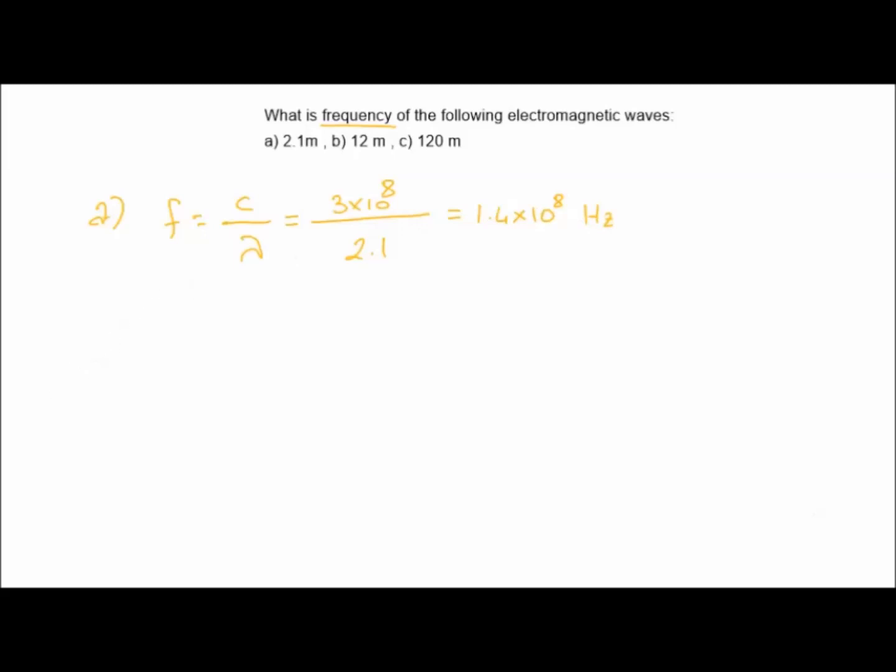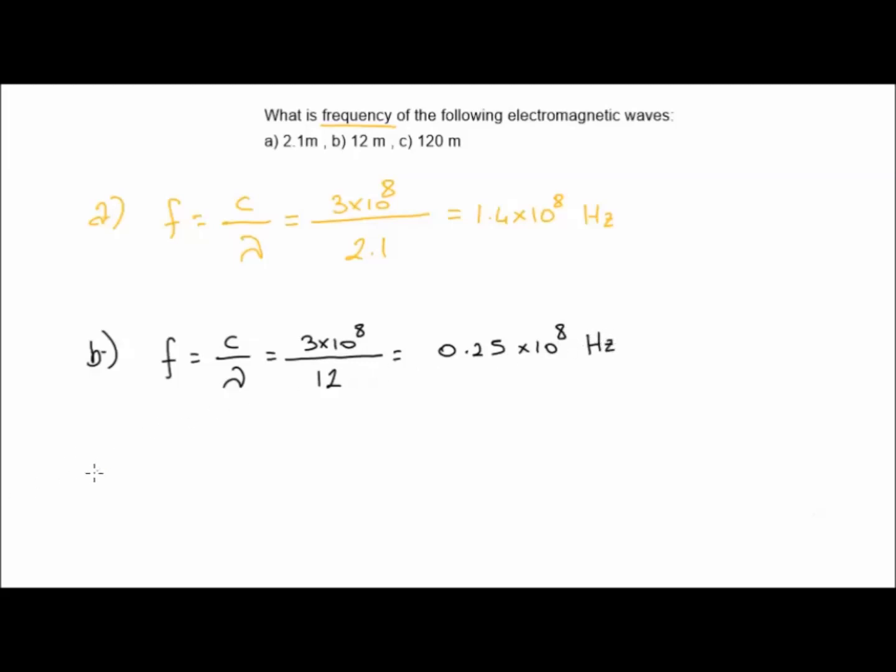And for the B, we are going to follow same way. F equal c over lambda, c 3 times 10 to the power of 8 over lambda, 12 meters, so it's going to be 0.25 times 10 to the power of 8 hertz.